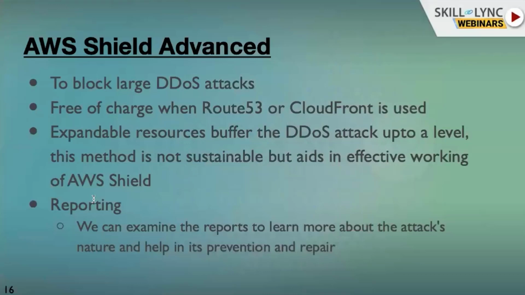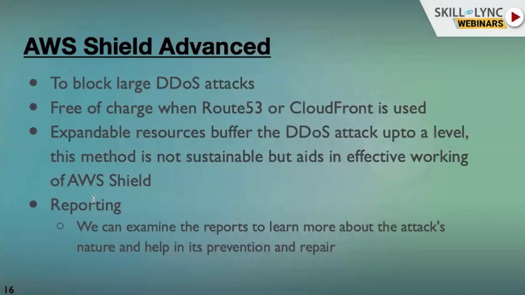But in a distributed DoS attack, it will come from multiple machines, from multiple areas, and we cannot categorize it as from this particular set of machines. So we cannot block it with our firewall. Even web application firewall cannot block it. So to overcome that, we have AWS Shield, where the existing server capabilities will be increased temporarily.